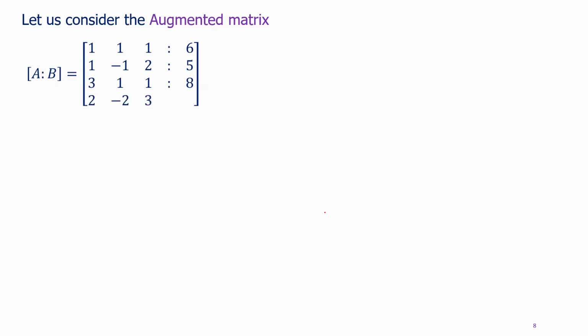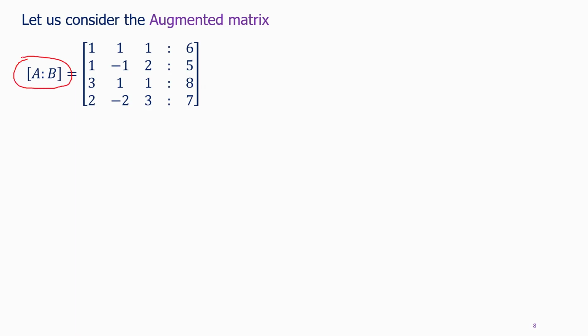Let us consider the augmented matrix. Augmented matrix is 1, 1, 1, 6; 1, minus 1, 2, 5; 3, 1, 1, 8; 2, minus 2, 3, 7. Now, if we want to check whether the system is consistent or not, we have to find out the rank of matrix A and the rank of augmented matrix AB.